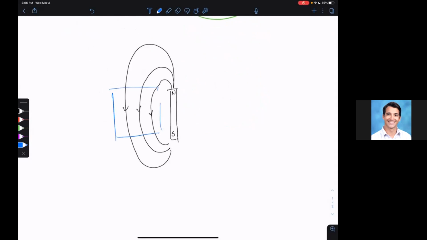But if I just take an electron and place it here, everything we've seen before, like an electron in an electric field, is just going to feel a force parallel to those lines. That's not the case. As a matter of fact, that electron by itself will feel no force at all if it's just sitting still. In order for the electron to feel a force, it has to be moving.